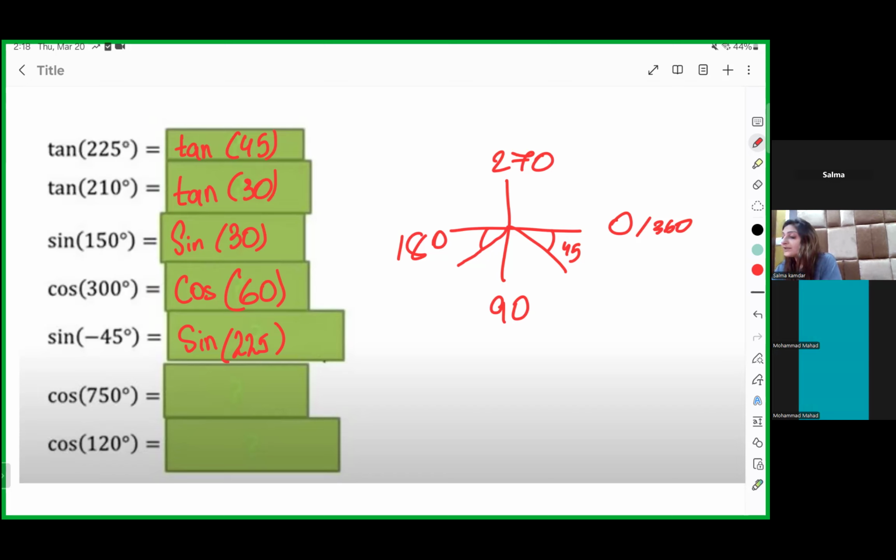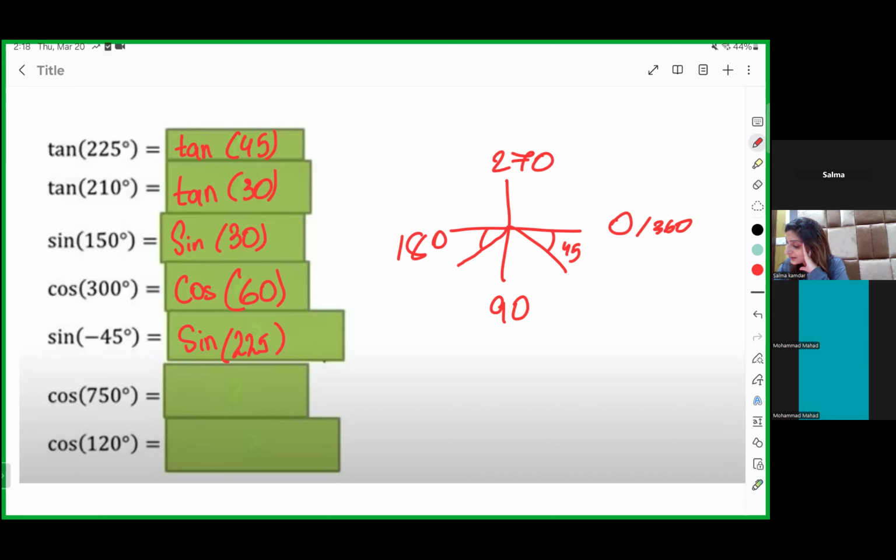If you want to find all the angles that are equivalent to cos 750, I'm starting from here. You go around, and it again intersects here.